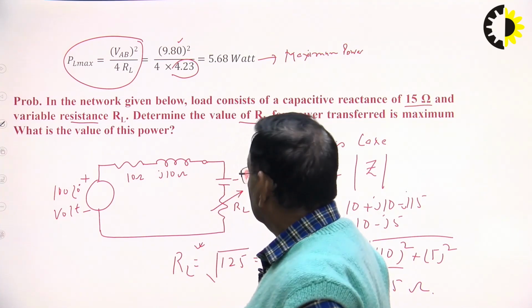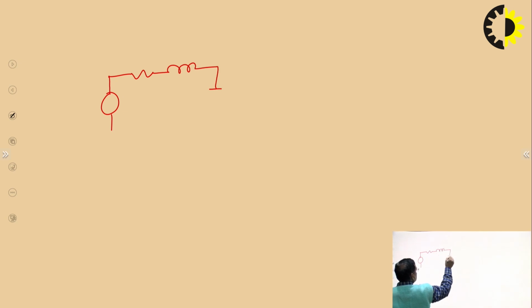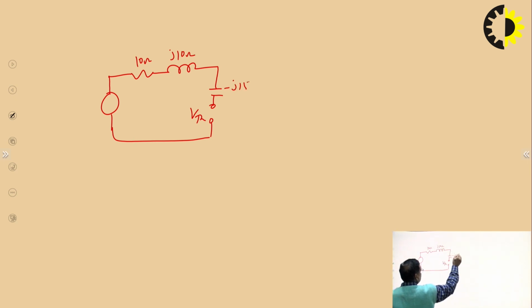Now you have to find the VTH. For VTH, just draw the circuit once again. This is your VTH, and this is your 10 ohm, J10 ohm, minus J15 ohm, and 100 angle 0 degree volt source.